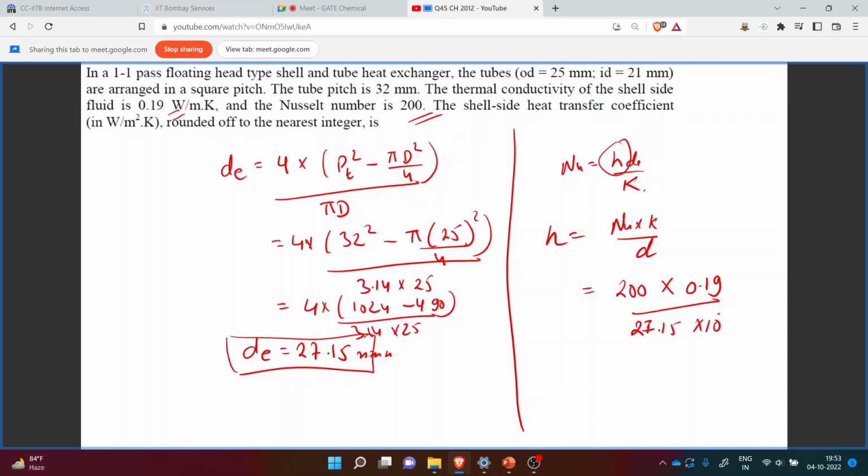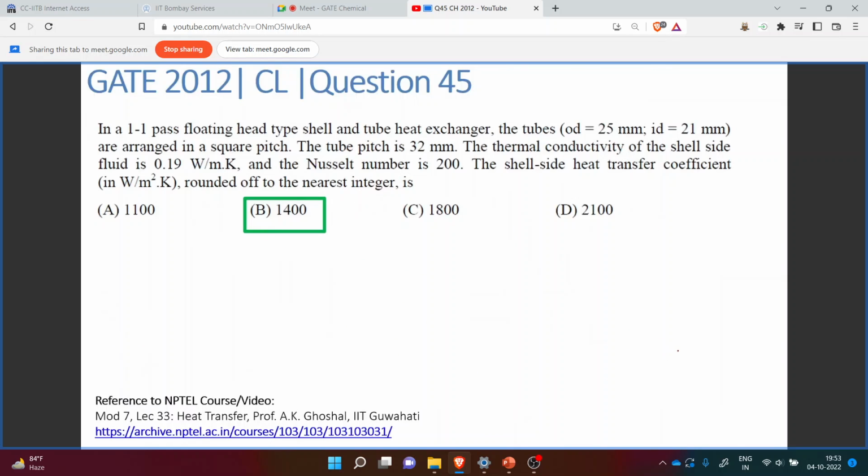We can change it into meters. The final heat transfer coefficient by this calculation will be somewhere around 1399. And from the given options we can select the value closest, that is 1400, rounded off to the nearest integer. So the shell side heat transfer coefficient for the shell and tube heat exchanger is 1400 watt per meter square Kelvin.